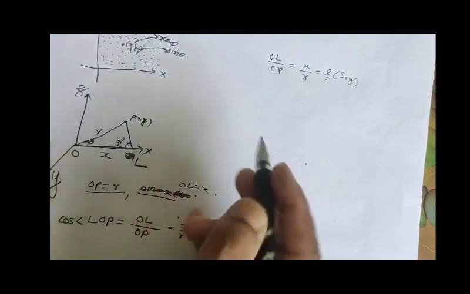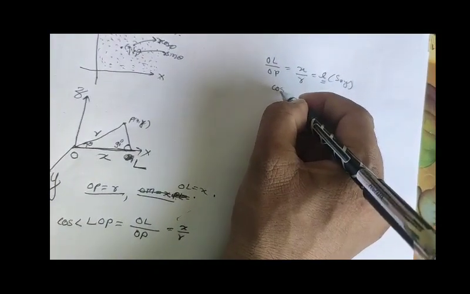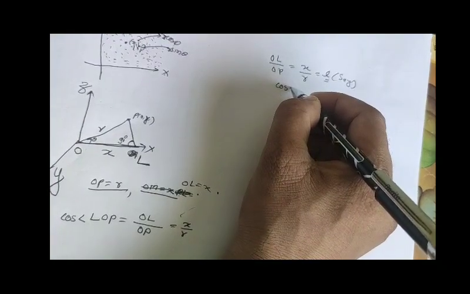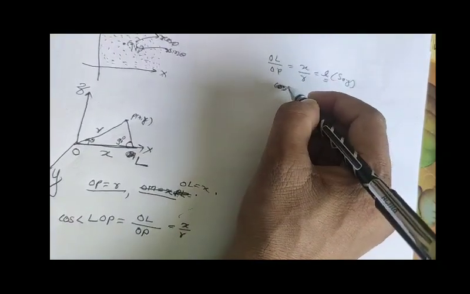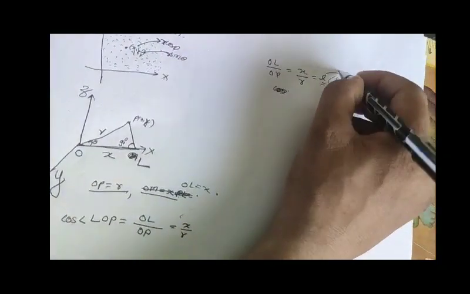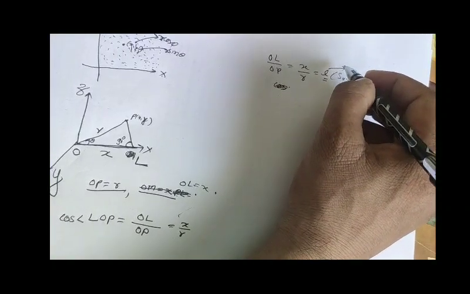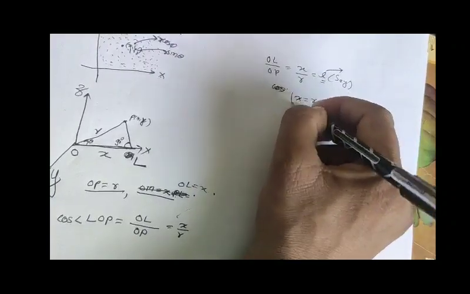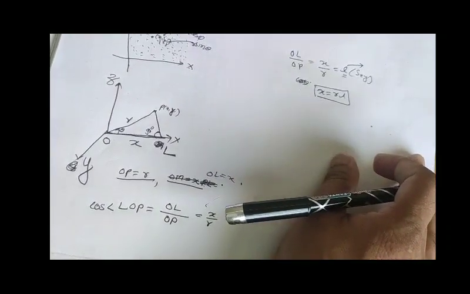And therefore this is nothing but cos of that angle, and this cos ratio is nothing but the direction cosine. In previous lecture we have already discussed. So x can be written as x is equal to lr.